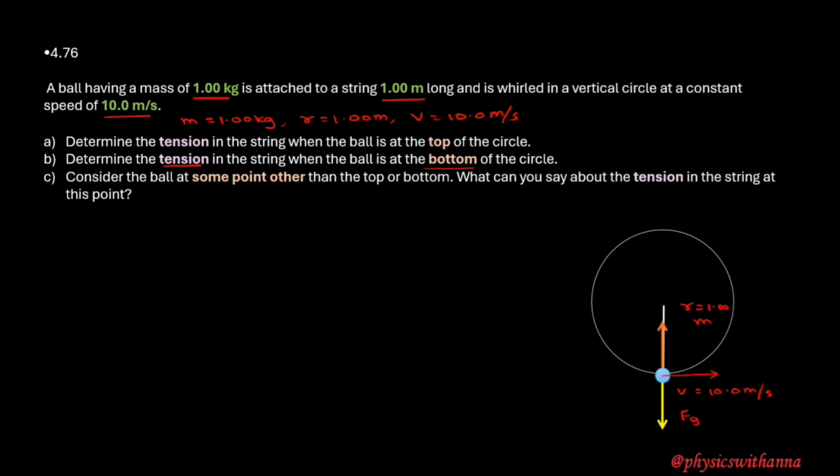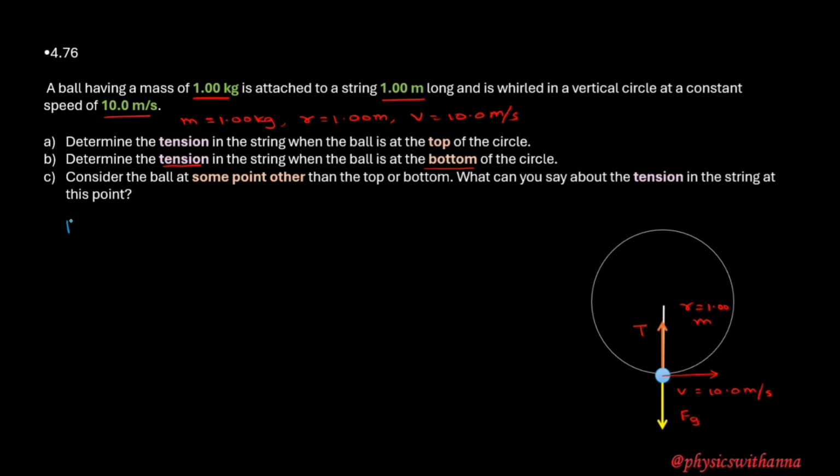Then you have the tension in the string, capital T, pointing towards the suspension point, so in this case towards the center of the circle, that is up. As we can see from the figure, the net force from these two forces provides the ball the required centripetal force to continue in the circular path.